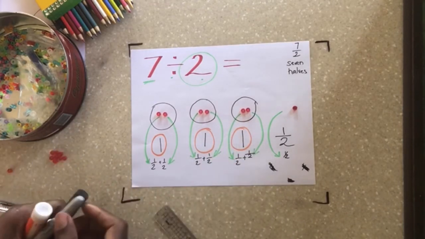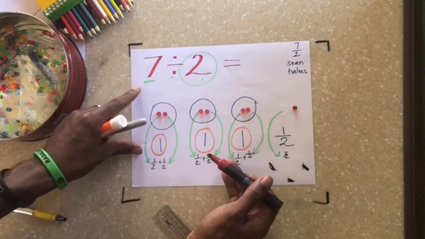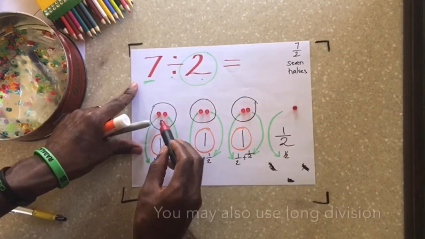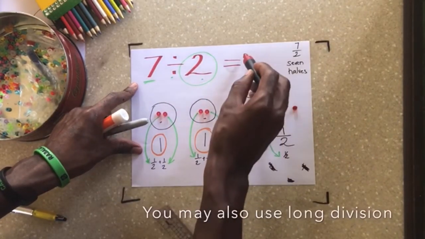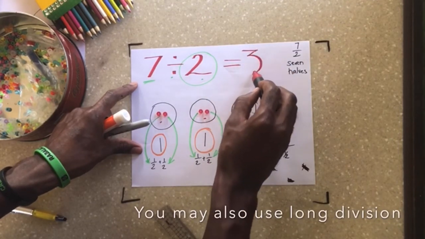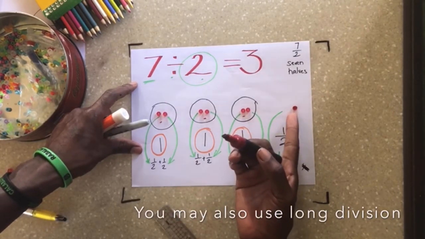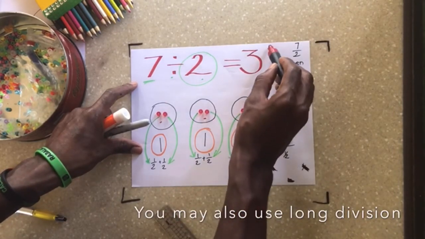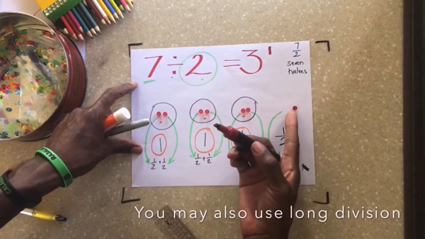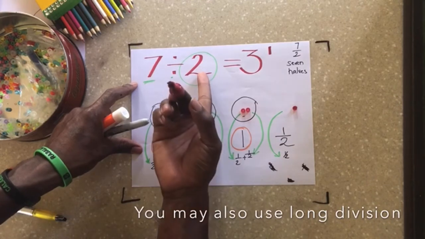So what we have basically is 7 divided by 2, which is equal to 3 groups of 2s, and that is our whole number. There is a remainder of 1, and so that 1 is going to become our numerator.